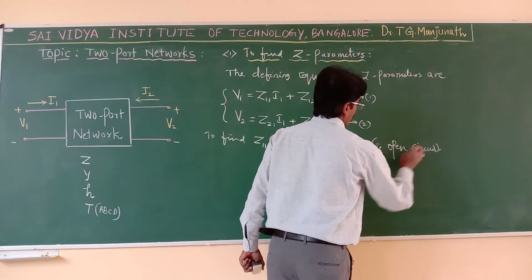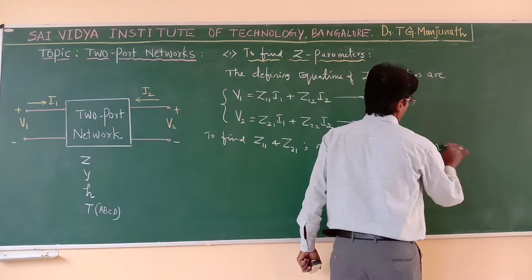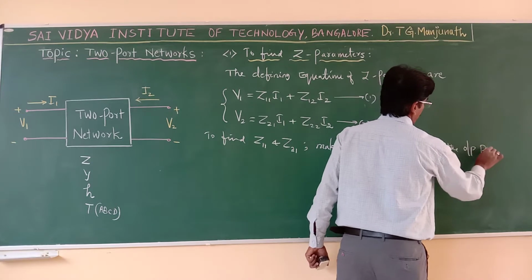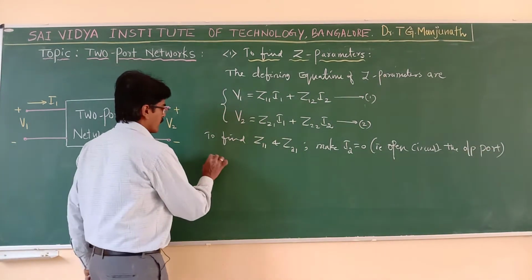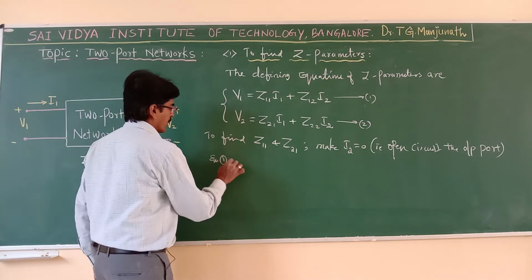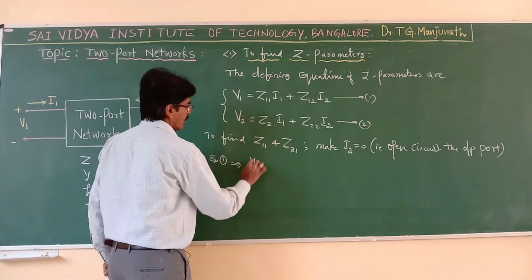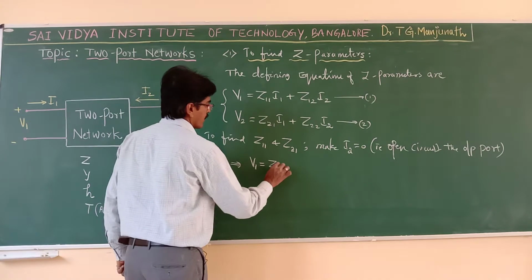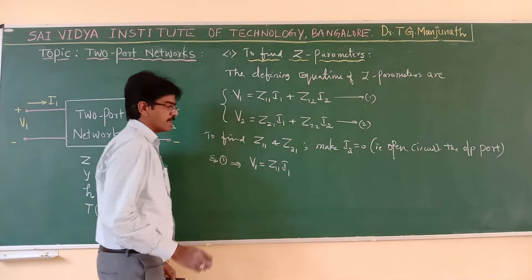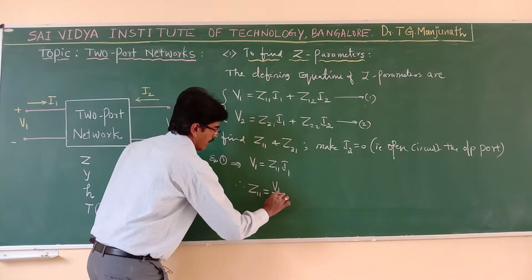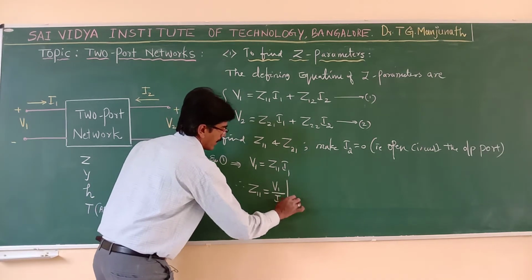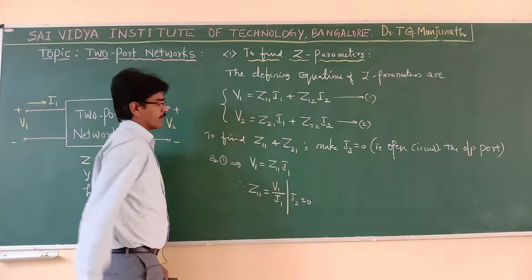Open circuit the output port, then what happens? Equation 1 becomes V1 is equal to Z11 I1 because I2 is 0. Therefore, Z11 is equal to V1 by I1 at I2 equal to 0.